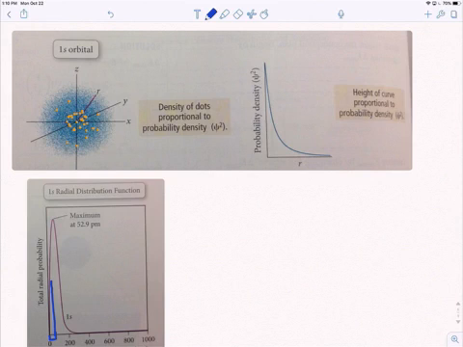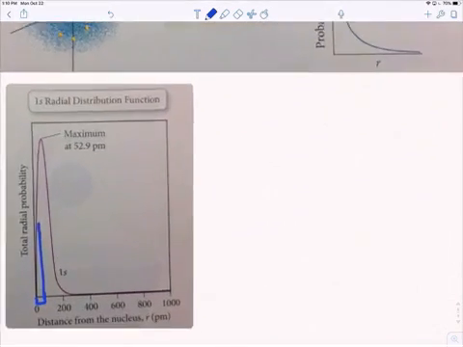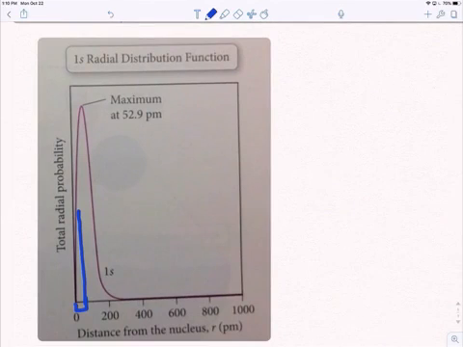So if you take the radial function and integrate it over as shells, you get this part right here, where the y-axis is the probability, the x-axis is the distance to the nucleus, and you get a maximum, but then it quickly tails off to basically nothing out here.